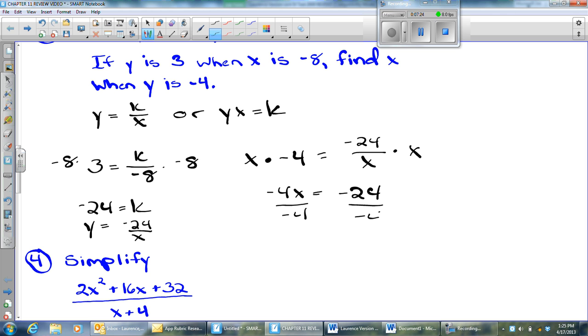Divide by -4. x equals 6. So I asked for three things. I asked for the constant, which is -24. I asked for the equation, which is y equals -24 over x. And I asked for what x was when y is -4. And x is +6.